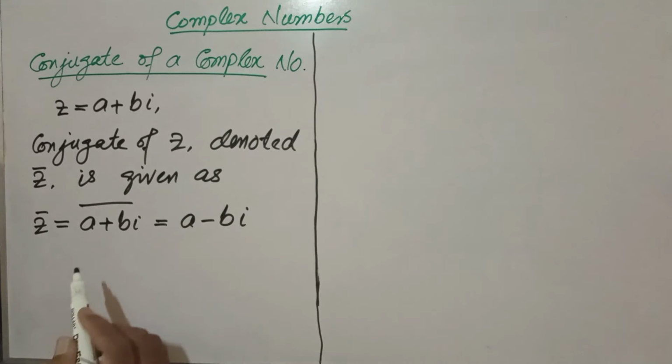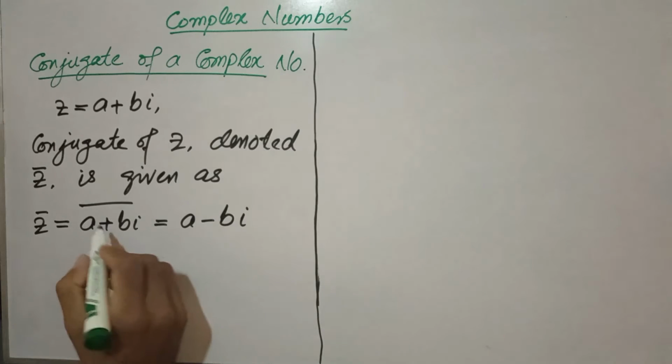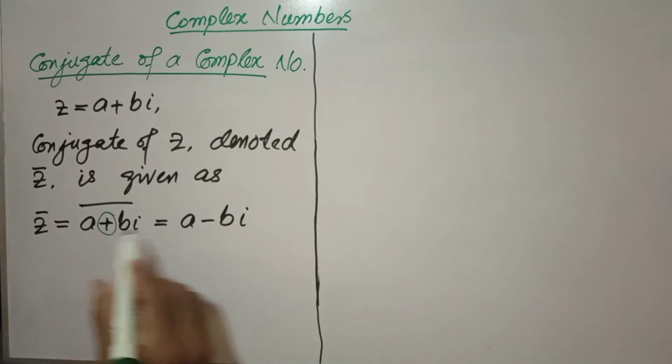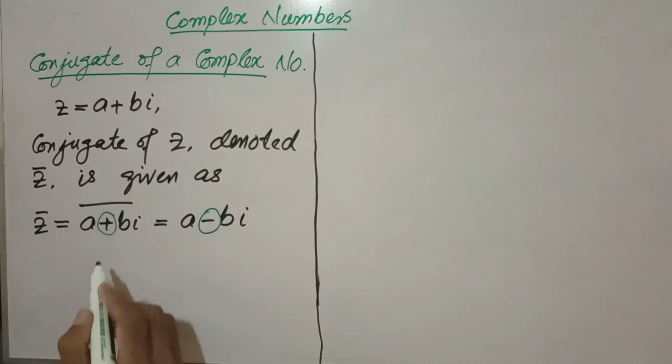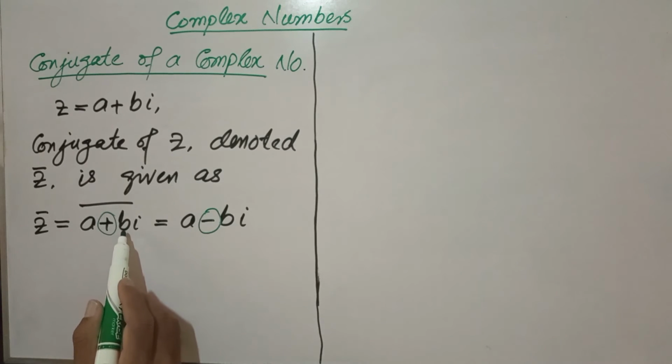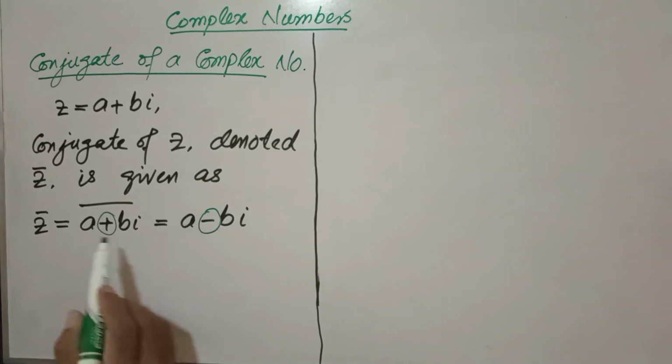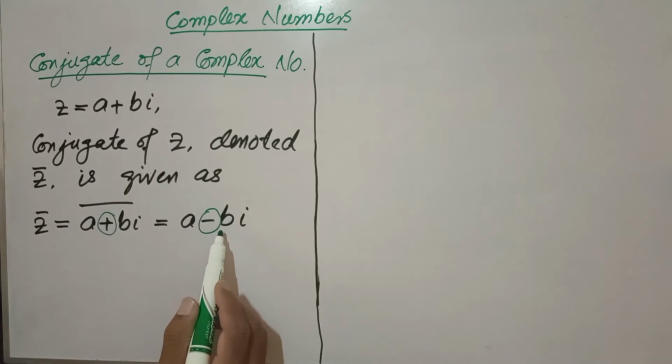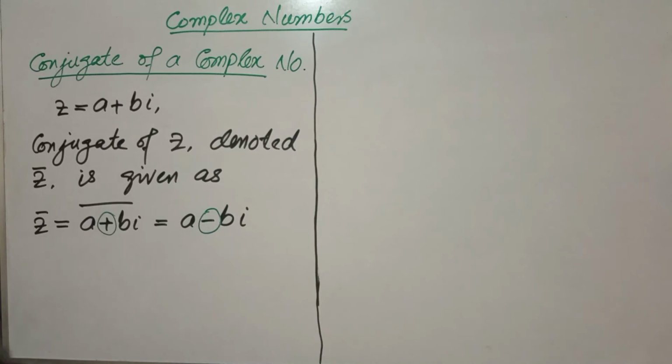That is, after taking the conjugate, if the sign of the imaginary part is positive, it becomes negative. That is, we take the additive inverse of the imaginary part of the complex number. If it is positive, then we get negative, and if it is negative, then we get positive imaginary part of the given complex number.